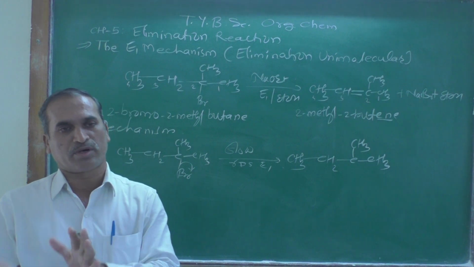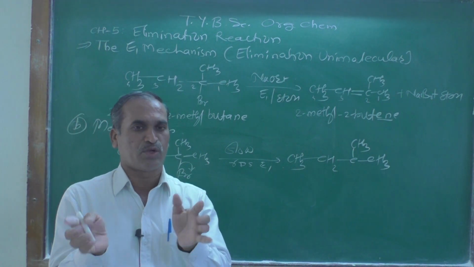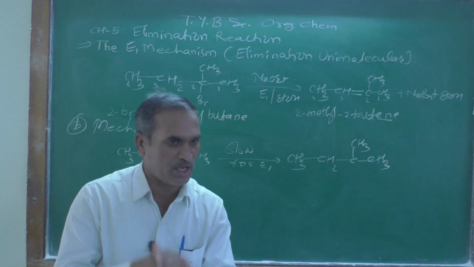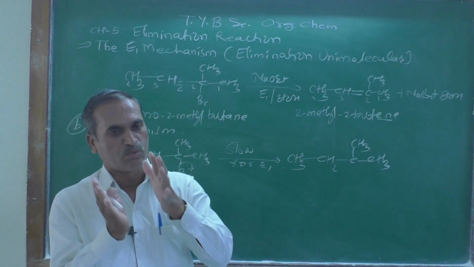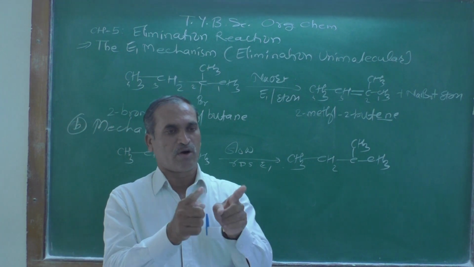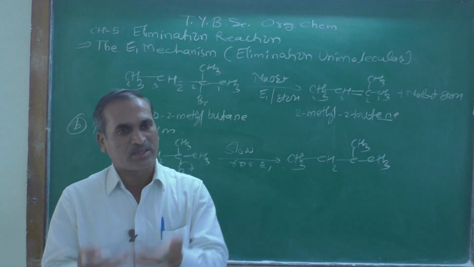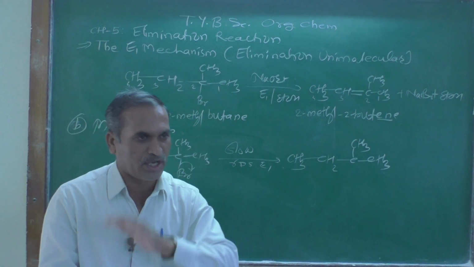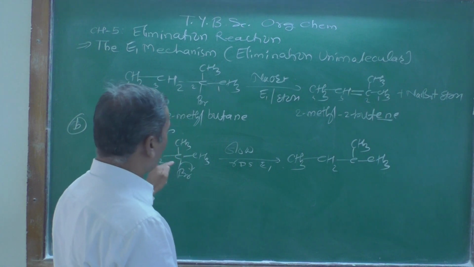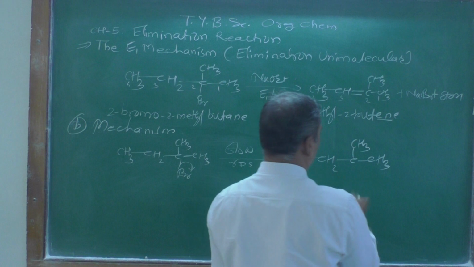When a bond is broken heterolytically, as we know a bond is nothing but a sharing of 2 electrons, one of the atoms takes its bonding pair along with it, carrying a negative charge, and therefore bromine takes its bonding pair. And what is left on this carbon atom?